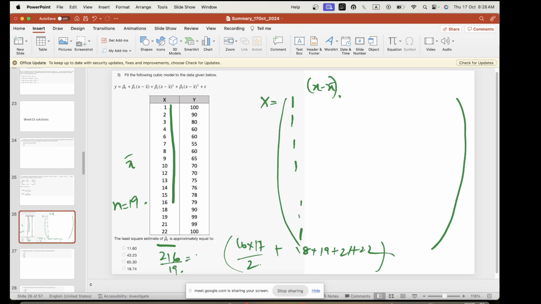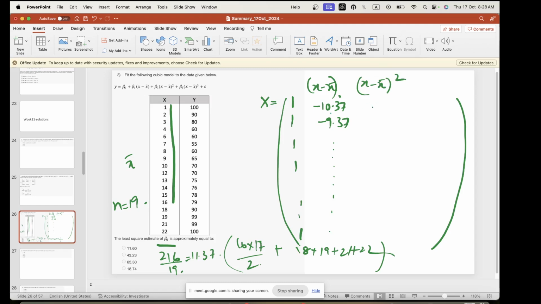So this will be something. Let's say 216 divided by 19, this would be 11.37. Okay. So here you have to input 1 minus 11.37. So that will be minus 10.37, minus 9.37, and so on and so forth. In the second column, we have to input x minus x bar whole square.